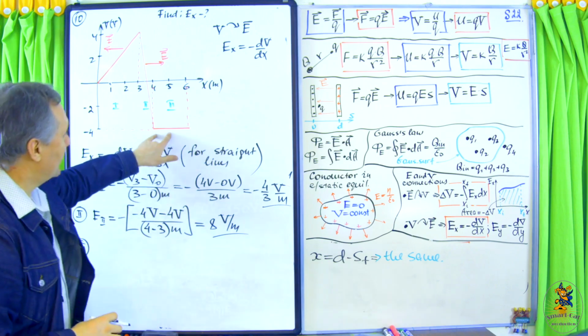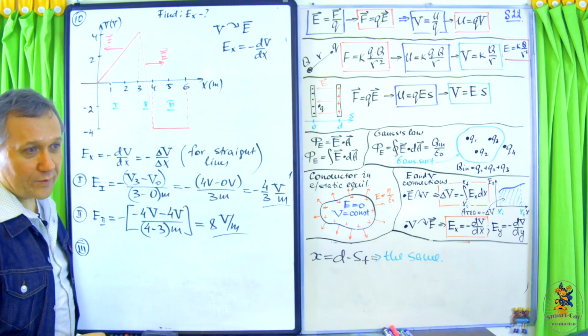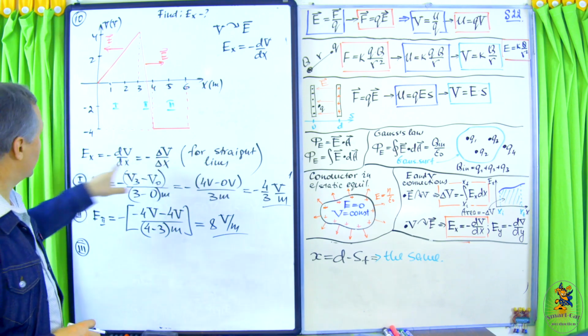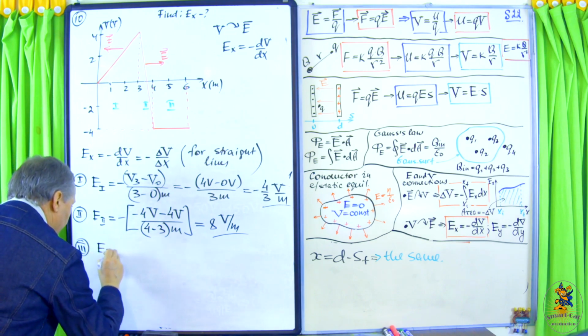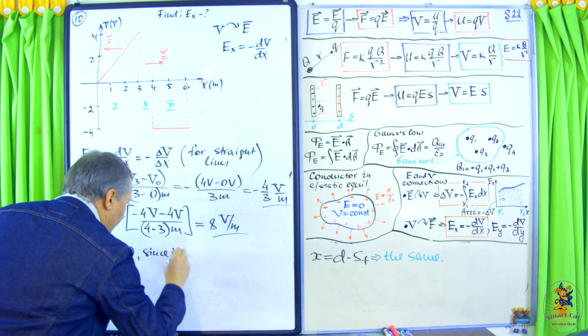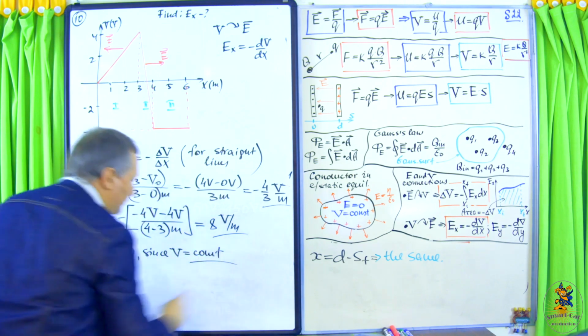Electric potential stays constant, so of course the slope is 0, so delta V is 0, and the electric field will be 0. So E in the third region will be 0, since V is constant.